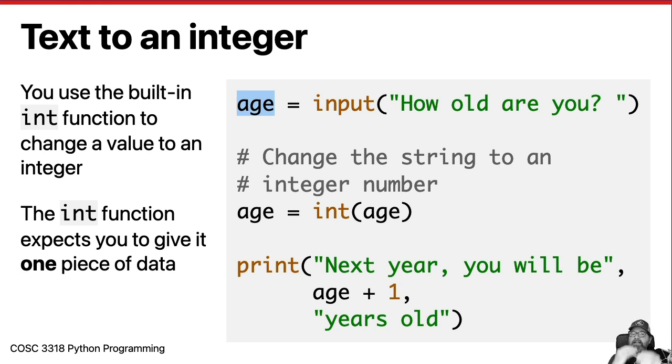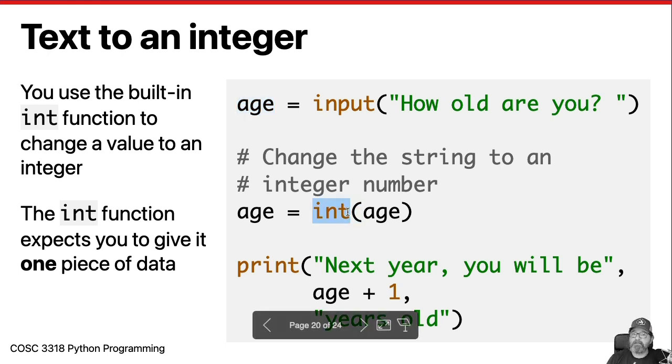To turn it into a number, we use the int function. Int meaning integer. And once we call this function, it takes the string value that is in age here, turns it into an integer, and returns that number.